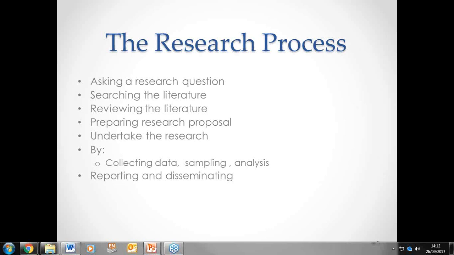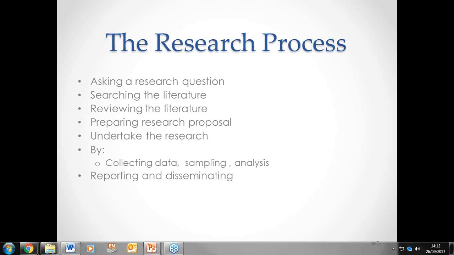This is sort of what I want you to do in terms of your topic selection. So what's going on? What's the status quo? What particular issue have you selected, and what questions are you going to ask? So we search the literature, review the literature. Any good piece of research will have looked at what else has been done around that subject area previously.